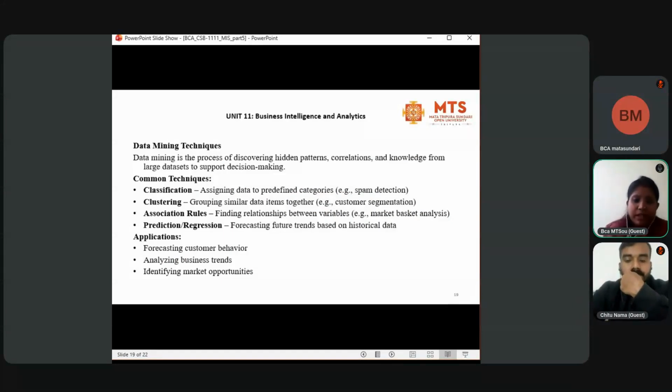Then data mining techniques. Data mining is the process of discovering hidden patterns, correlations, and knowledge from large data sets to support decision making. There are some techniques in data mining.